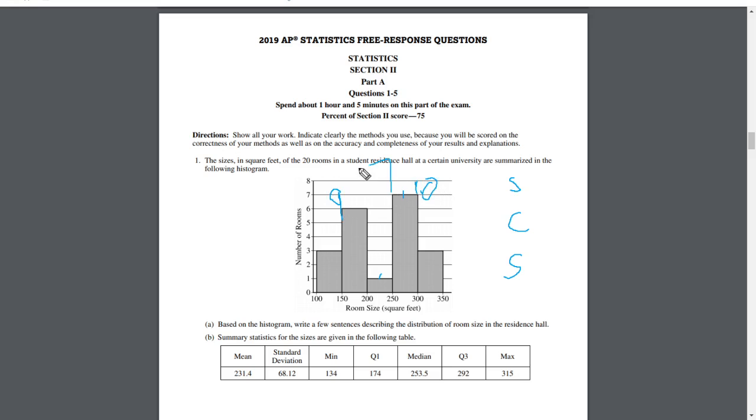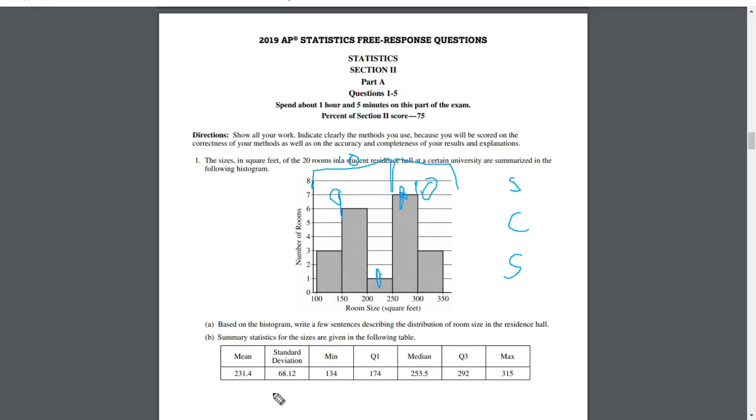So the center is going to be like the average of this one and the smallest out of there. So where it actually is, we don't know. It's somewhere between 200 and 300, where the median is, anyways.